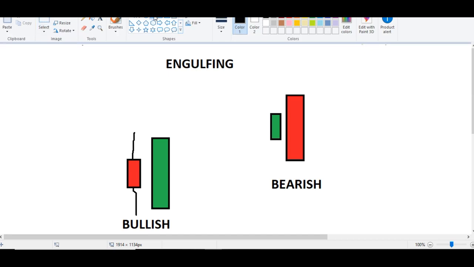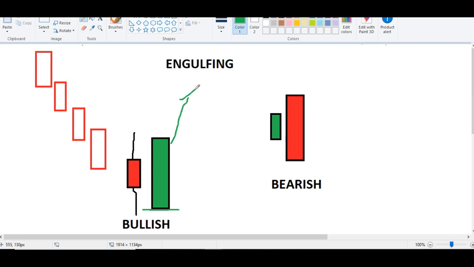We want to look at bullish engulfings at the bottom of a trend, right? So if I'm in a downtrend and price is constantly just going down, down, down, and at the bottom of the trend I get this bullish engulfing pattern. What is that saying? That is telling me that buyers have started to enter, right? And they want to reverse the trend higher, right? They want to change the trend and move price higher. Okay.